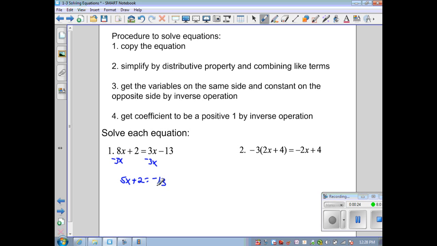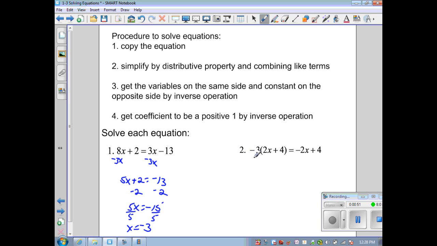Then I want to get my constants on the opposite side of the variable, so I'll subtract 2 on both sides by inverse operation. That leaves me 5x equal to a negative 15. Divide by 5 on both sides by inverse operation of division. That will get my coefficient to equal a positive 1x, and my solution is a negative 3.